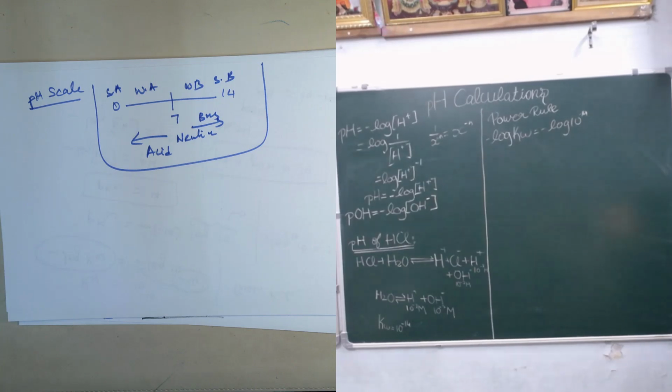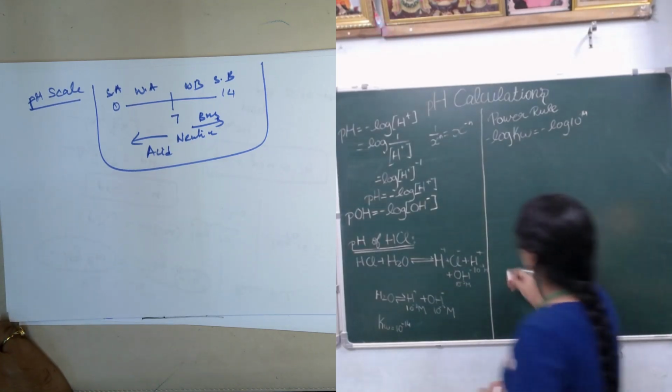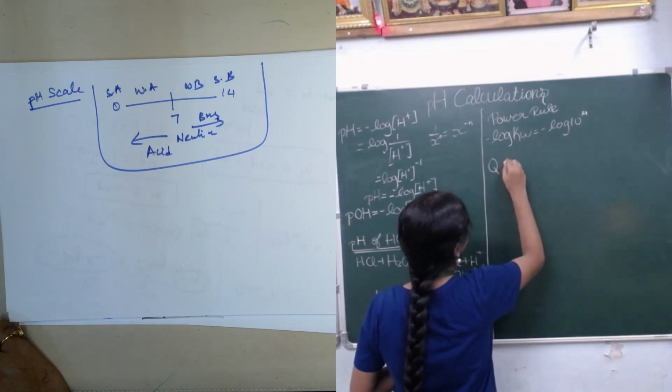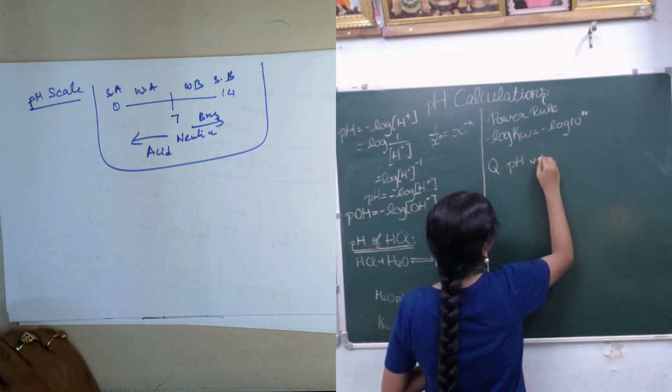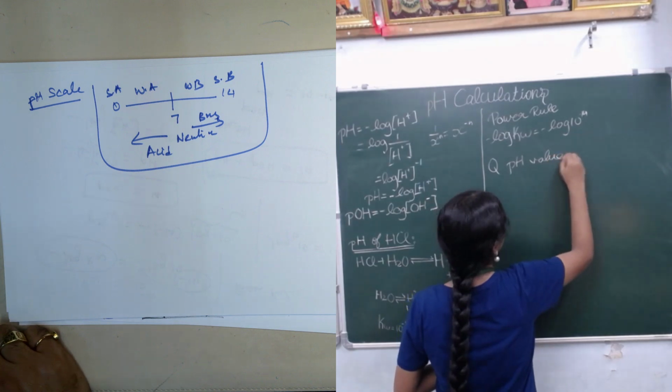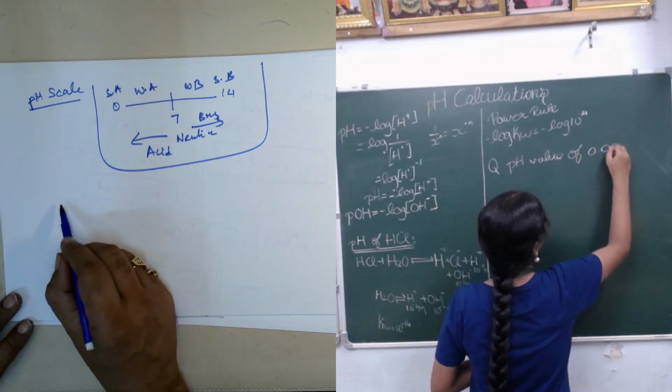Okay. So less than pH 7 means what? Acidic. Greater than pH 7 means what? Basic. Okay. So shall we calculate? Take down. Calculate the pH value of 0.005 mole of an acid.